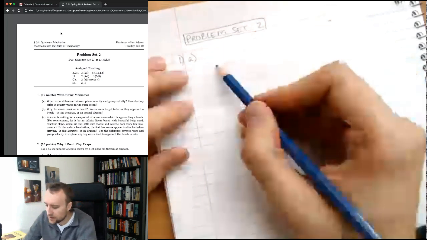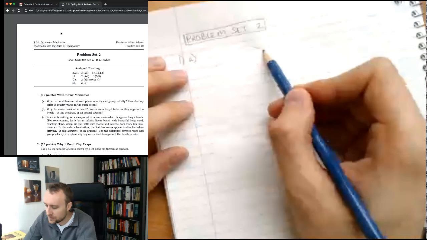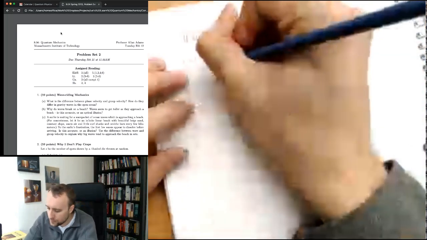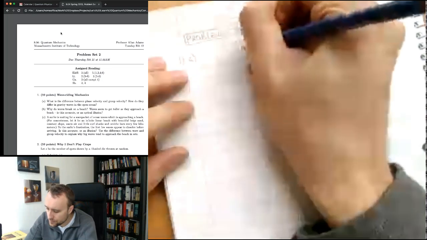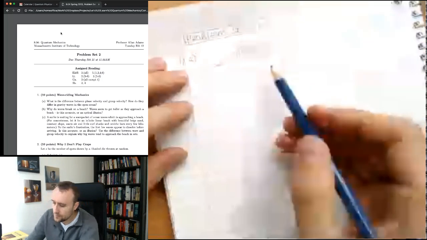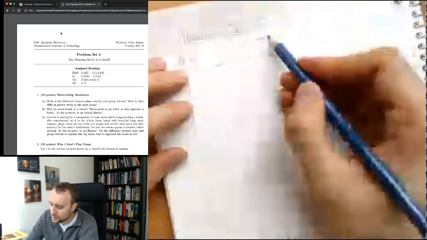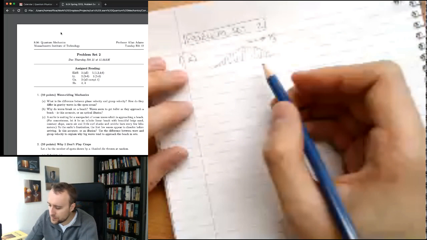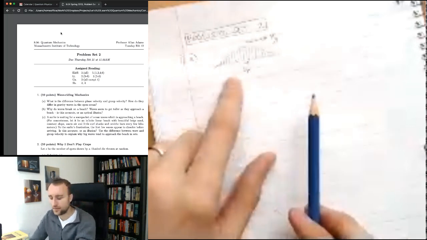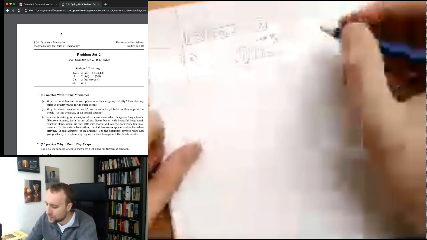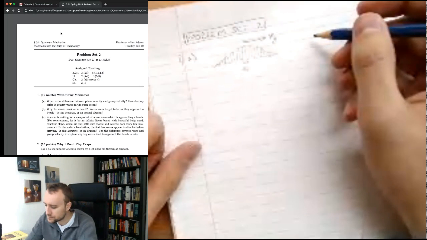So my understanding is that we have a wave, this is V group, and this is V phase. That is my guess.